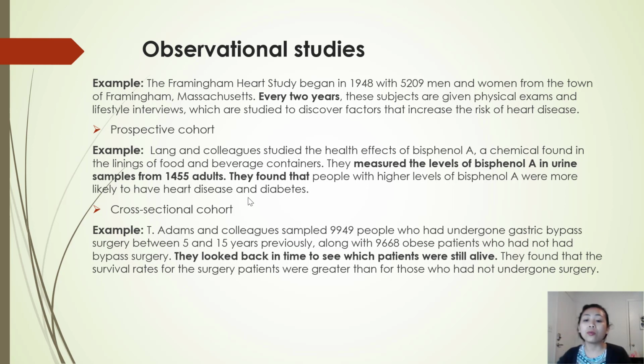That means they wait until the result comes out, then collect the sample of people who are alive. So this is an example of a retrospective cohort, because we wait until we finish the study to see who is alive to collect the sample.